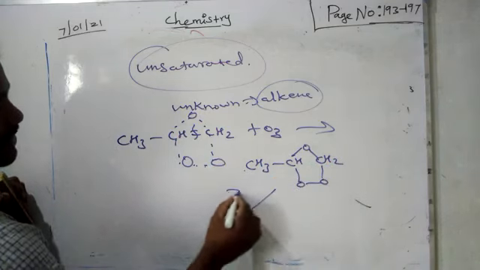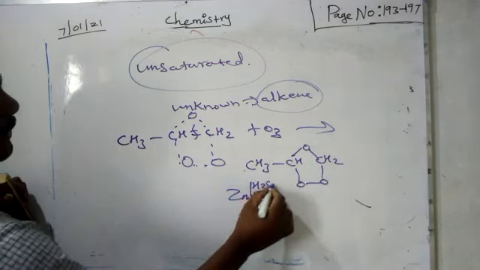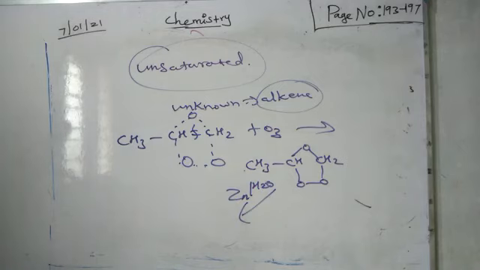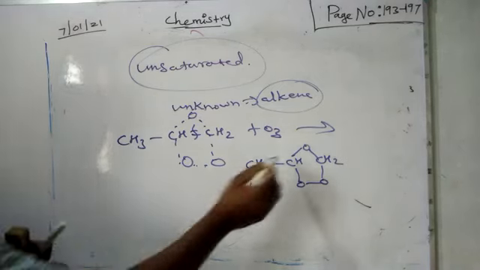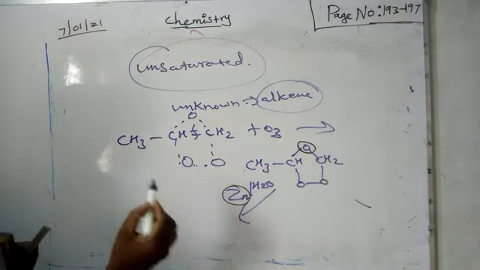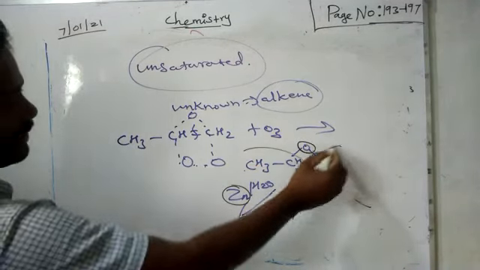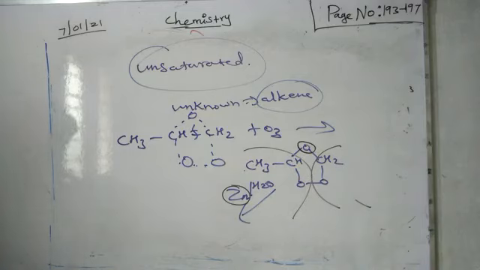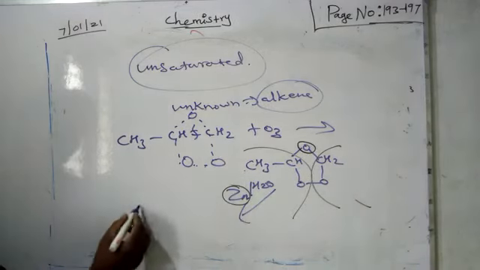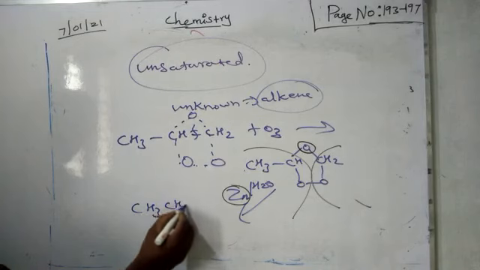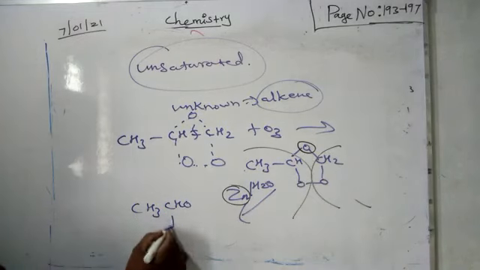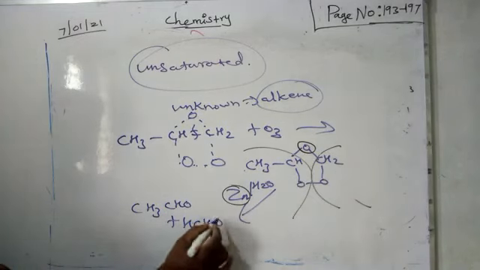Then reaction with zinc and water. What happens? Zinc will combine with oxygen and go as zinc oxide. One side, another side. What are the products that will form? CH3CHO, acetaldehyde, and HCHO, formaldehyde.